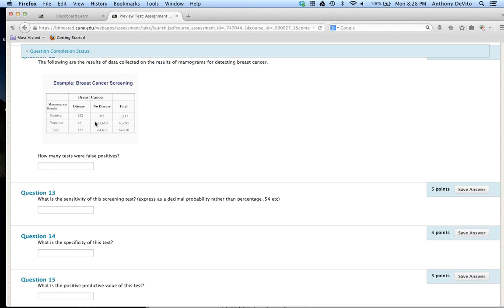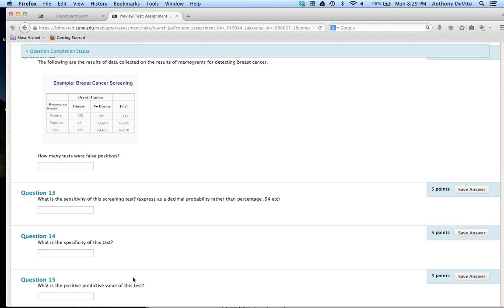So the specificity is 63,000 divided by 64,000, right? That's how often it got it right. The numbers are a little bit more complicated, but it got it right like 99% of the time. It got it wrong a very small percentage of the time. So 63,000 over 64,000 is how good it was at getting it right.